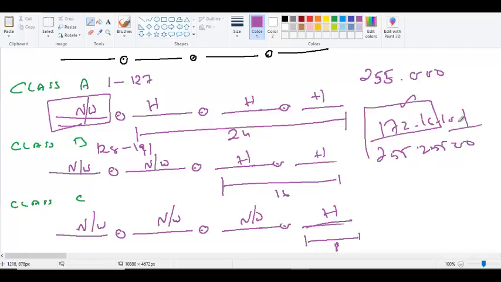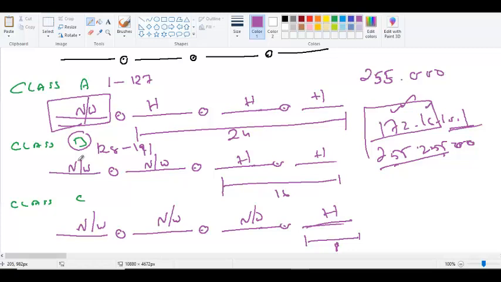How do I know? Because the mask for Class B is 255.255, which means only these two octets are network. So the subnet mask represents the number of bits that were given for networking.